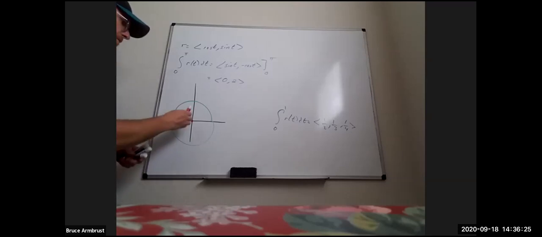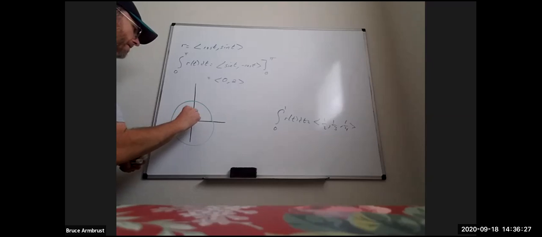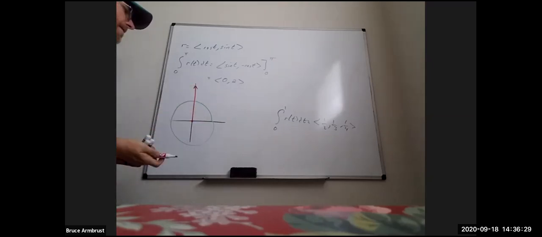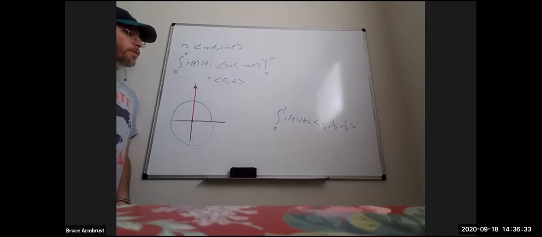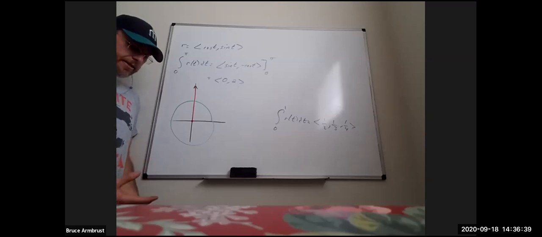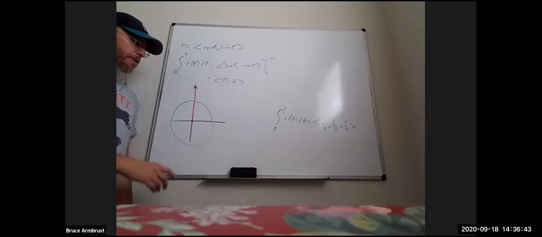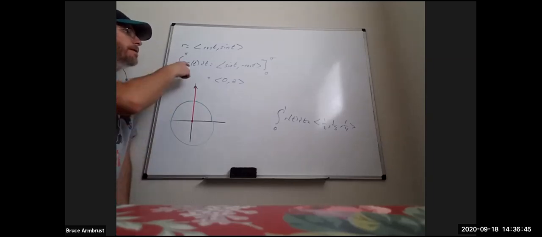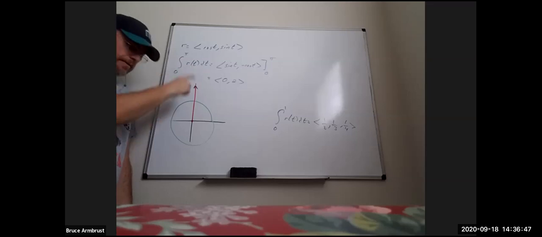Clearly 0, 2 would be better. So again, what is this actually getting us? Well, it's a little bit hard to picture graphically, but think about we're adding up all kinds of vectors.